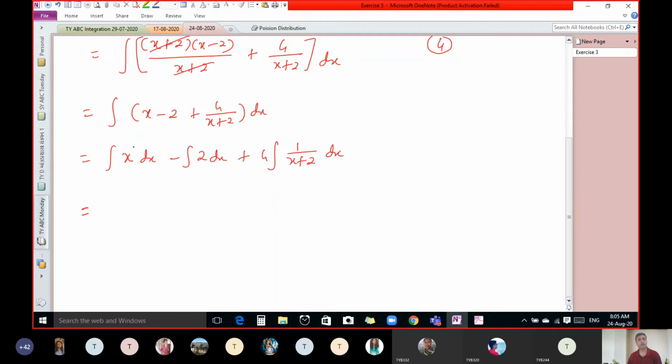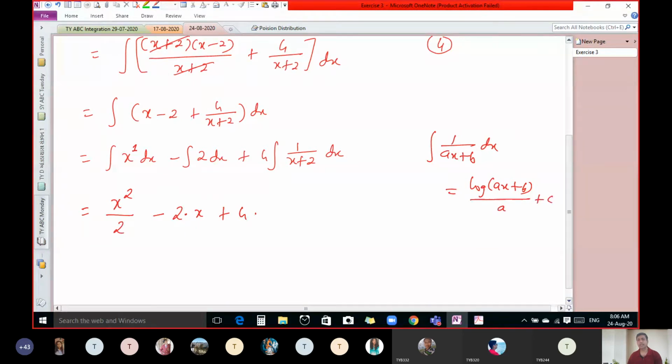Now the power of x is 1, so integration of x raised to 1 is x raised to 2 upon 2, you add 1 in that, minus integration of a constant number is that constant number into x, plus 4 into, we know the integration of 1 upon a linear function. The answer of that is log of that linear function divided by the coefficient of x.